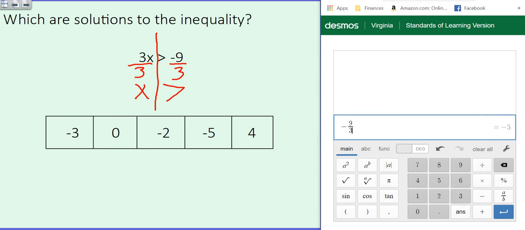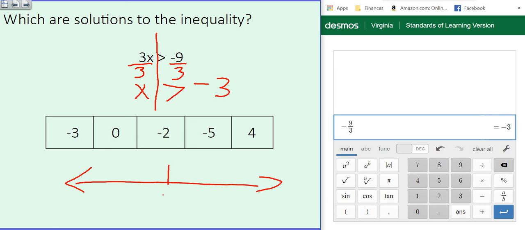Negative 9 divided by 3 is a negative 3. So I'm going to go ahead and graph that because sometimes it makes picking your answers a lot easier. There's a 0, there's a negative 3, and x is greater than negative 3. So it's an open circle, and it's everything going toward the direction that the inequality points up here, okay?